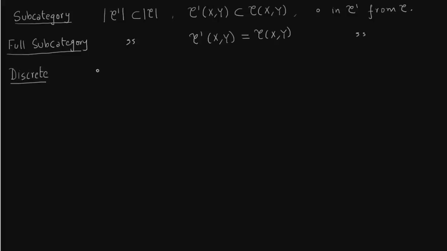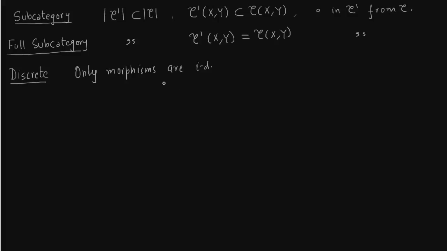So a category is discrete if the only morphisms are identity morphisms.